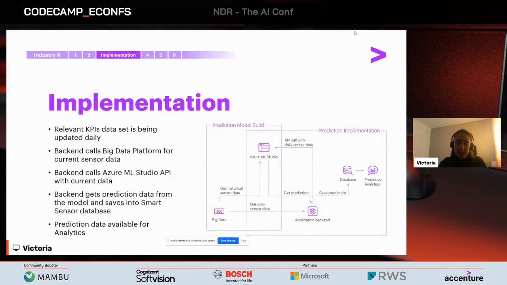Regarding the implementation, apart from the operational database, we had a big data database in which we stored the training data. This database was also updated daily with new data that was afterwards sent to the predictive model.